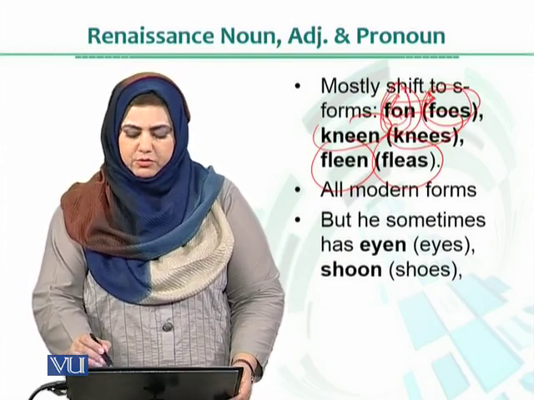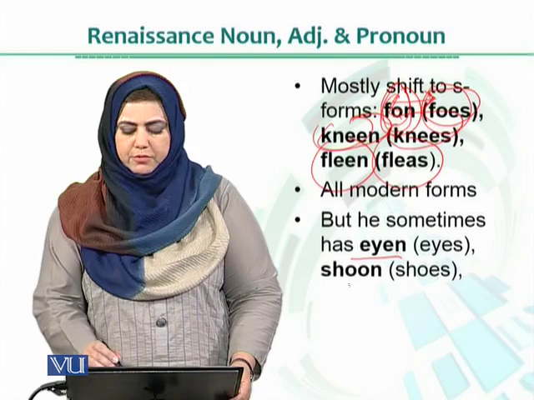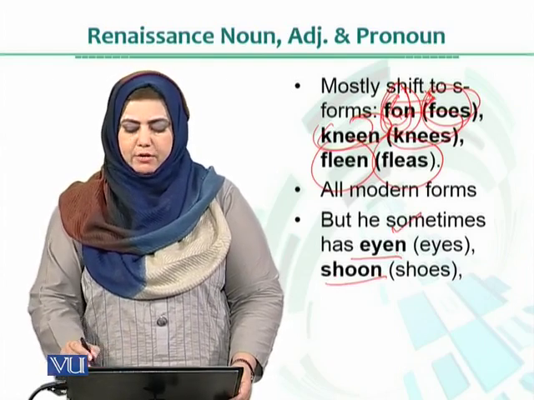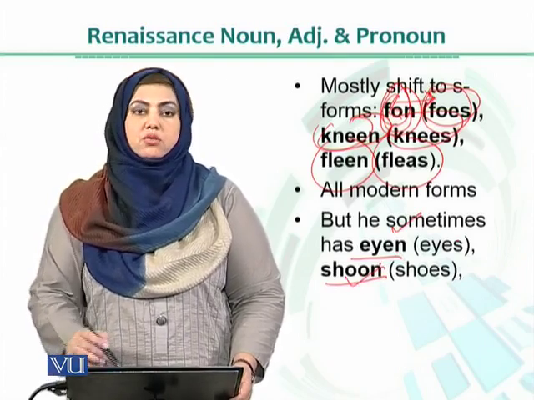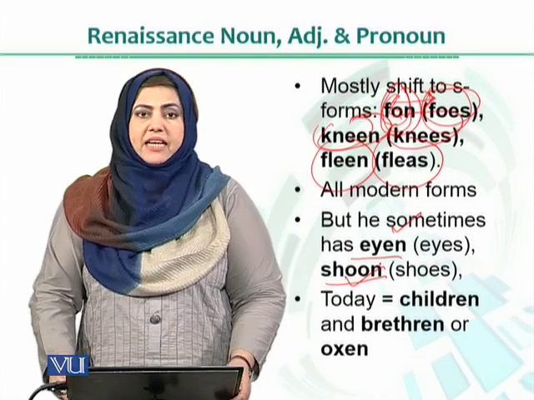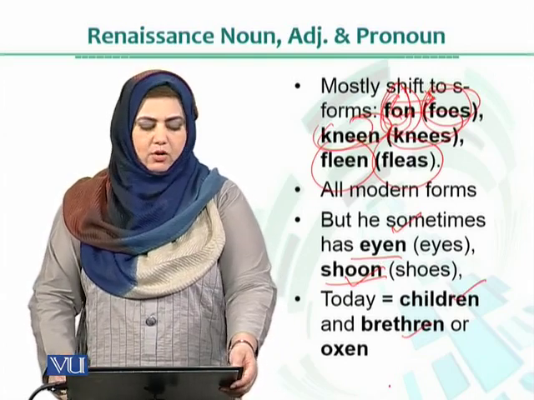Sometimes these older forms would be used. Here are examples from Shakespeare, who used the word eyne instead of eyes and shoon instead of shoes. We can compare these with the words today, children, brethren, or, as I have already said, oxen.